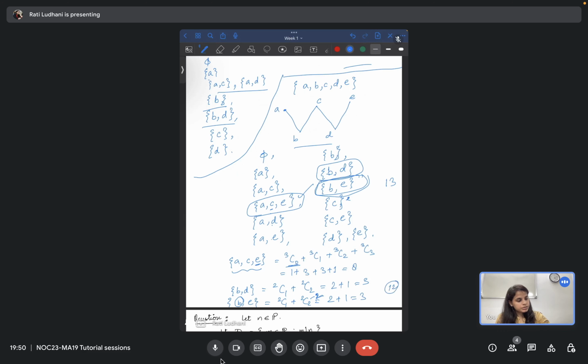I should have 13. I'm just checking where one is missing. As you said, we should not take these because the B and E singletons have been considered. But there is one more which has been missing.